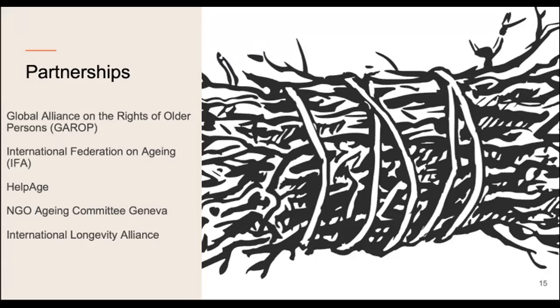We do that to advocate for achievements such as the Human Rights Council resolution just now, among other things. We build partnerships with civil society and with governments and UN secretariats.